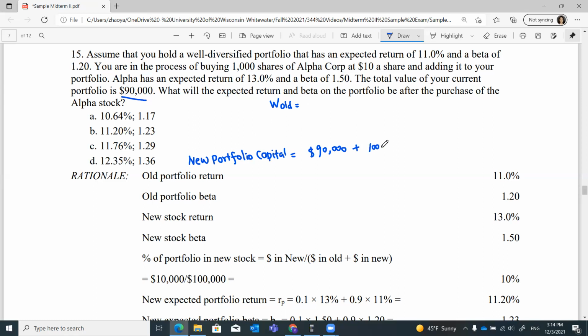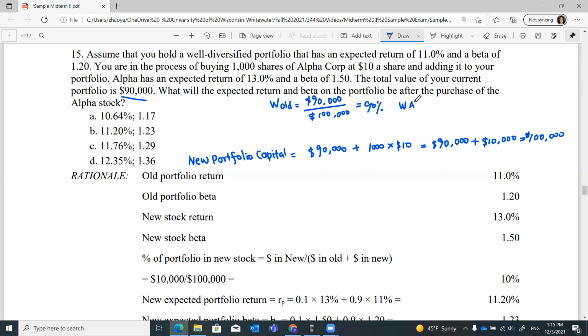It will be 1,000 shares times 10 equals 10,000, so 90,000 plus 10,000 equals 100,000 US dollars. So the weight of the old portfolio in the new portfolio before we add this stock is 90,000 divided by 100,000 equals 90%.